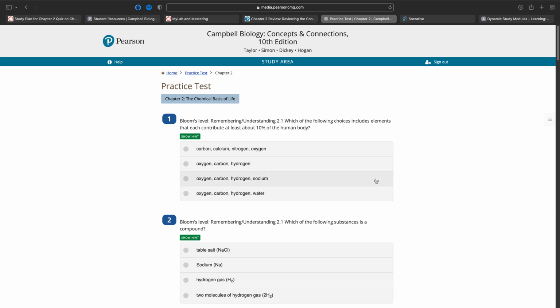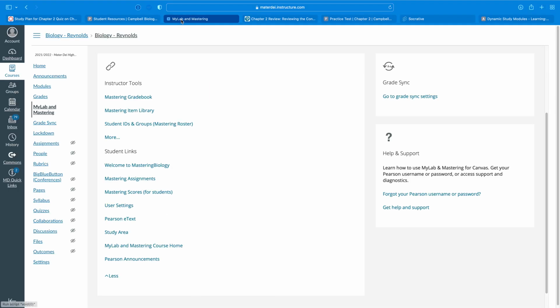Gives you the answer. But don't try to memorize this, because when the quiz asks it in a different way, and you've only memorized it, and you don't even know the reason for the answer, then that's not the way to do a practice test. Make sure that you understand the reason behind it.